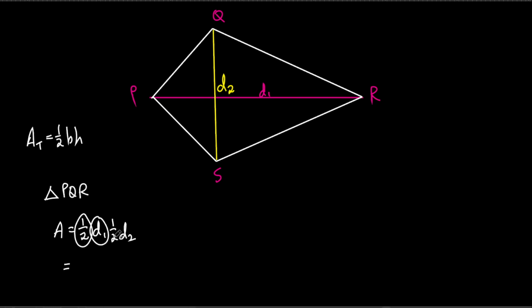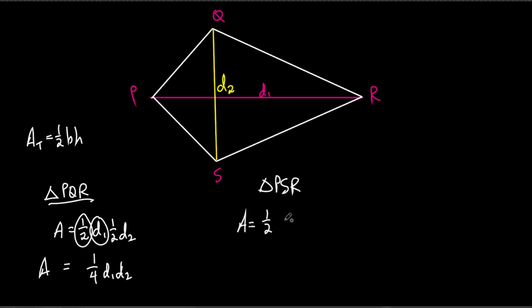So what's 1/2 times 1/2? 1/4. And then D1, D2. So far, that's the area of that top triangle, triangle PQR. You with me? Let's do the same thing for the bottom triangle. Let's call this PSR. Let's find the area of the bottom triangle.